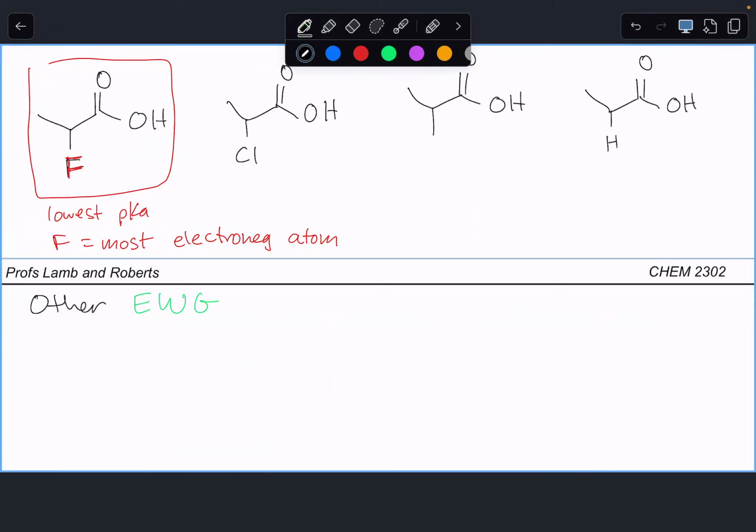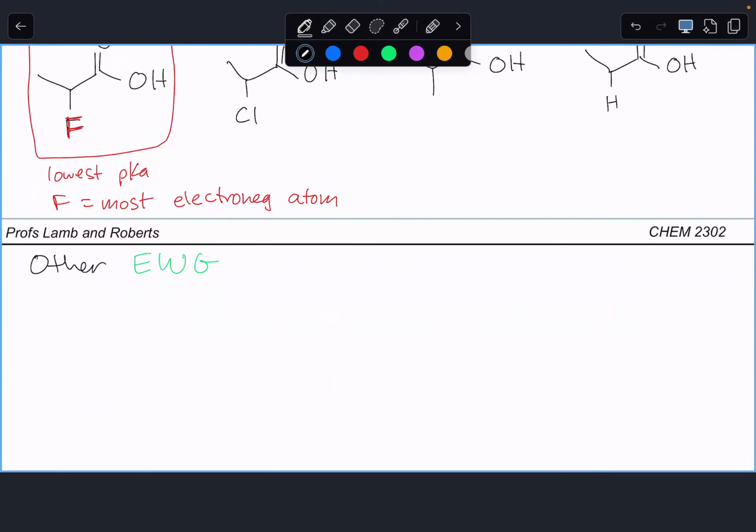Okay. So, for example, if we have a methoxy in the alpha position, this is also an electron withdrawing group. So that might sound strange to you, right? Because we've been talking a lot about methoxys as electron donating groups in, like, electrophilic aromatic substitution, for example.